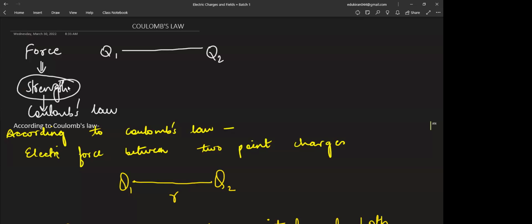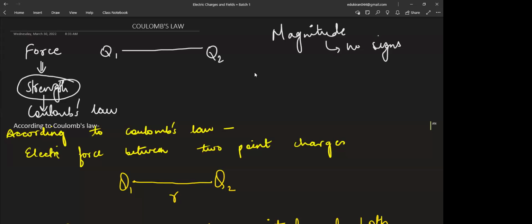Now, there are basically two points which you have to remember in Coulomb's law. The first point is regarding the magnitude of charges. You have to take the magnitude of each charge. What is meant by magnitude? Magnitude means no signs.